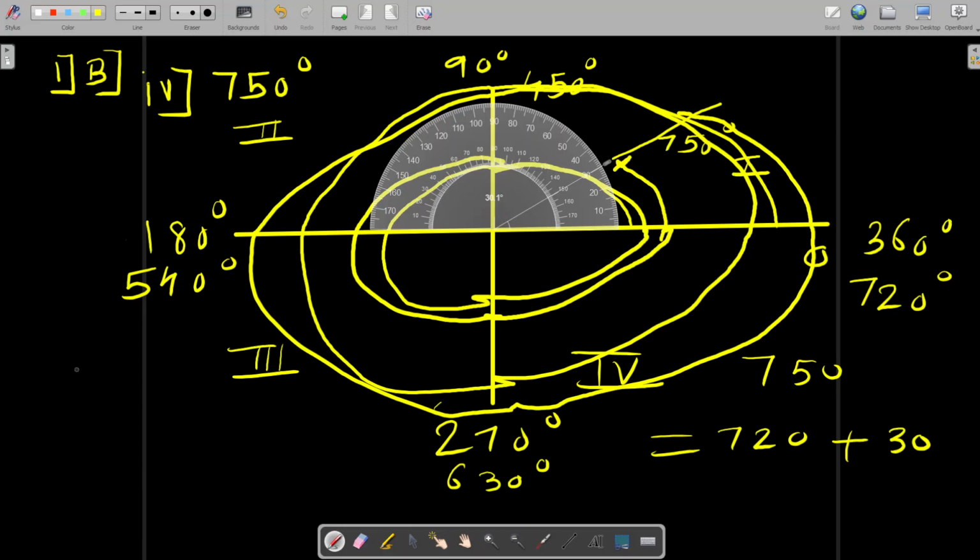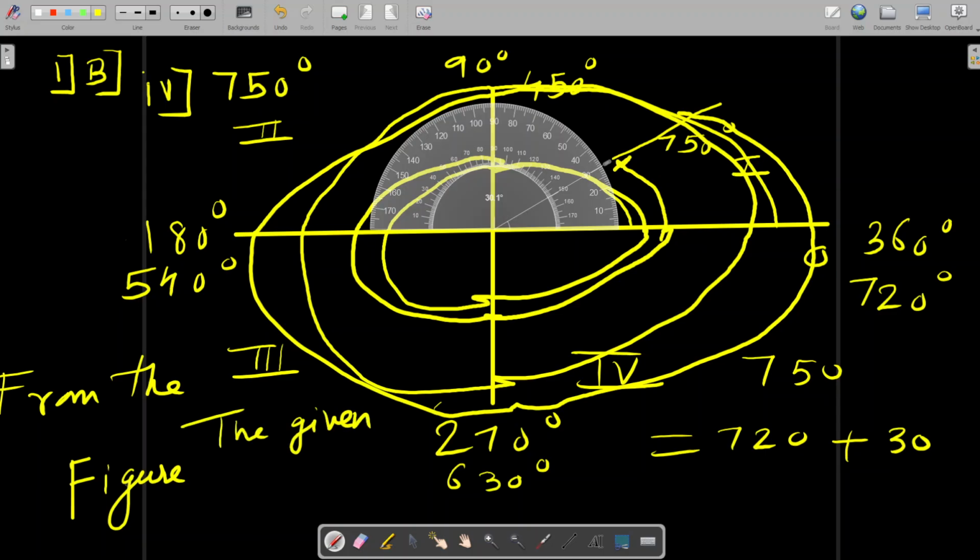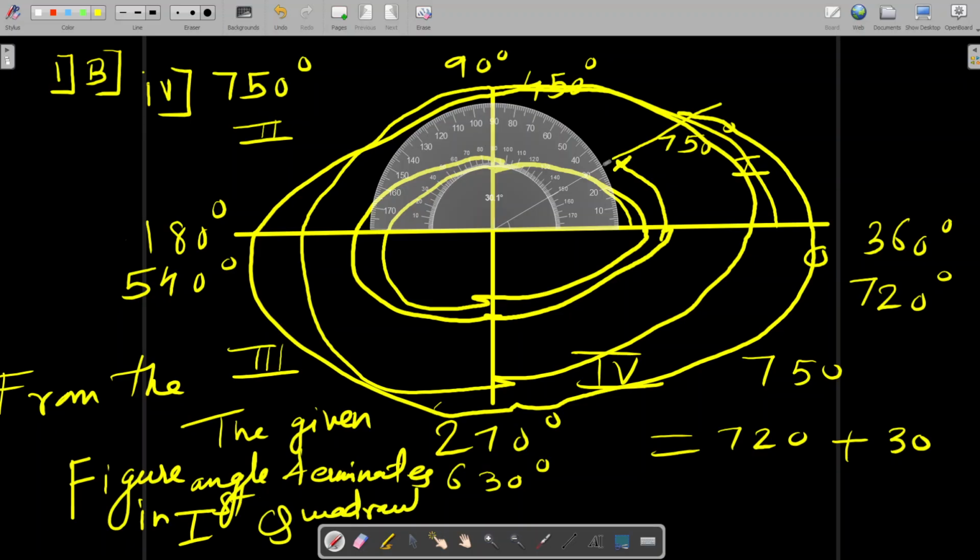So I can write here, from the figure the given angle terminates in first quadrant.